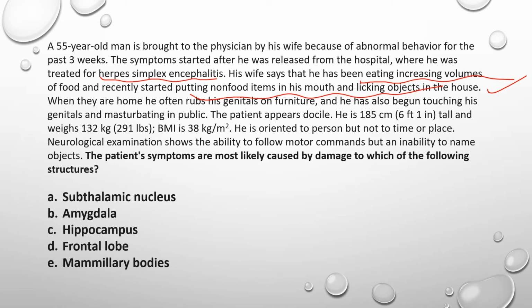Then also he rubs his genitals on furniture and masturbates in public, all indicating hypersexuality. And these four suggest that the patient is suffering from Kluver-Bucy syndrome, that is due to lesion in the amygdala. So the answer to this question will be B, amygdala.